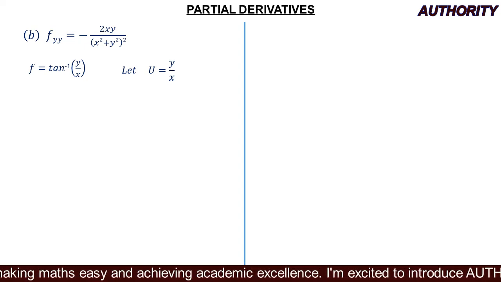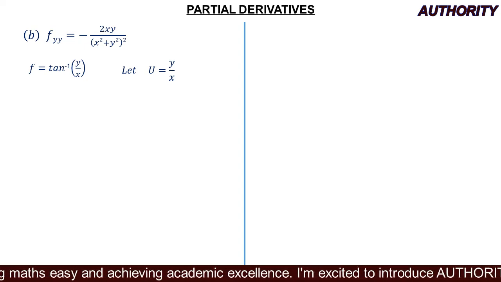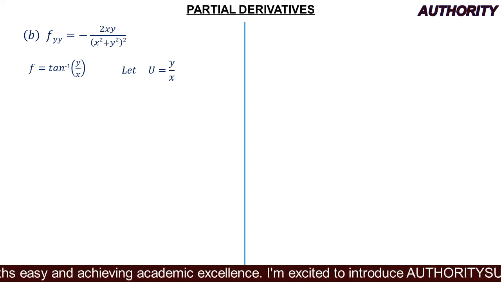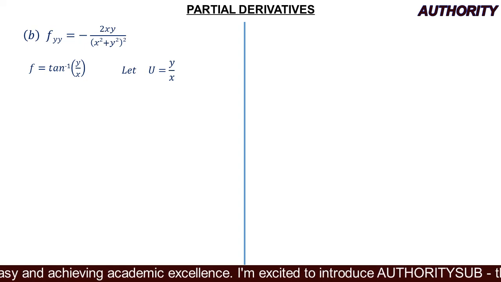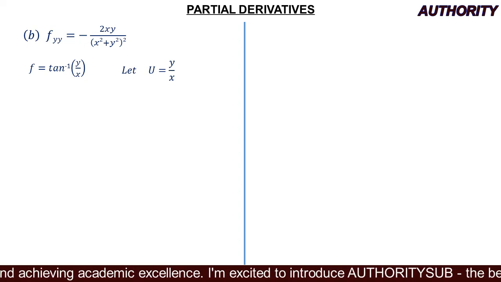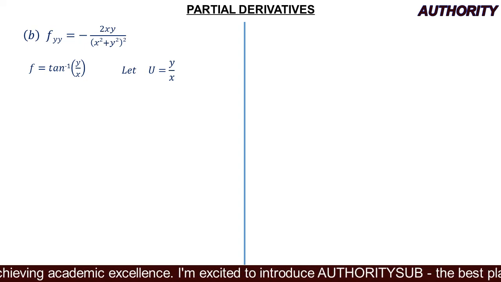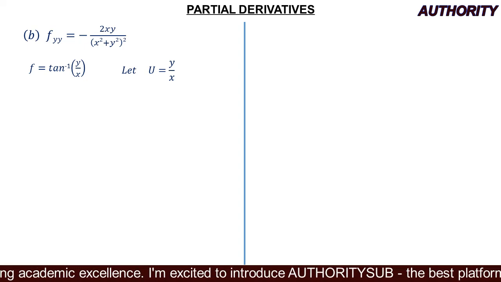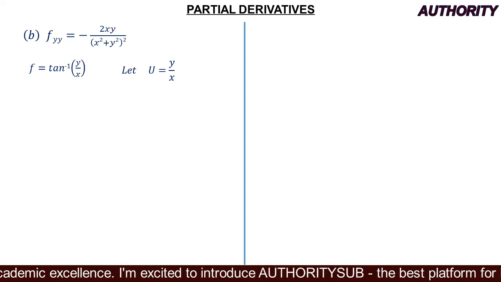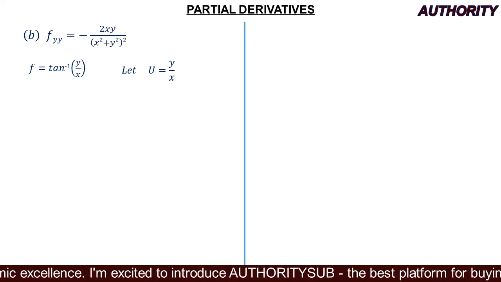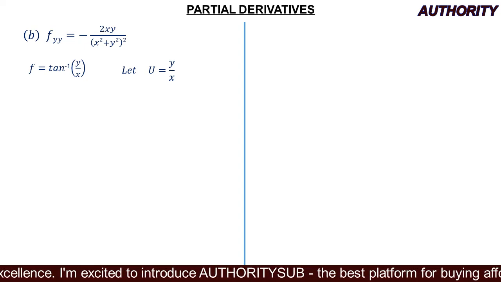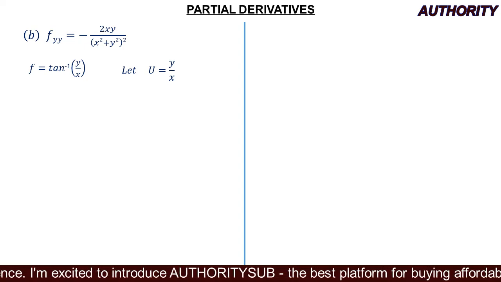The first one we differentiated with respect to x. So in this part b, we are differentiating with respect to y. So as we declare the variable u is equal to y all over x, we are going to differentiate this y all over x with respect to y.